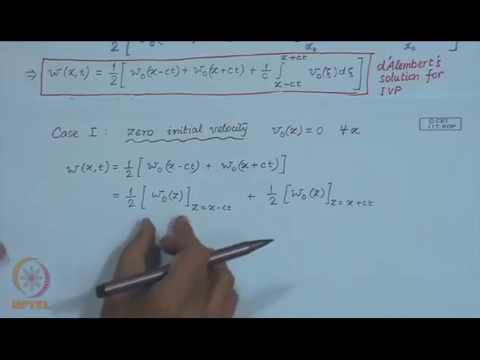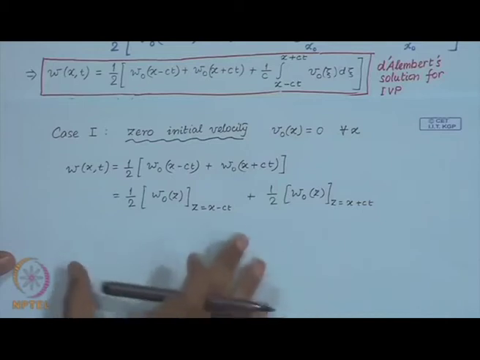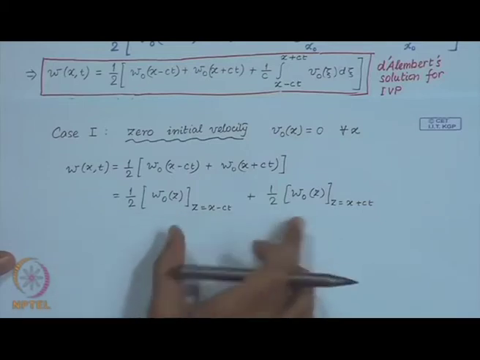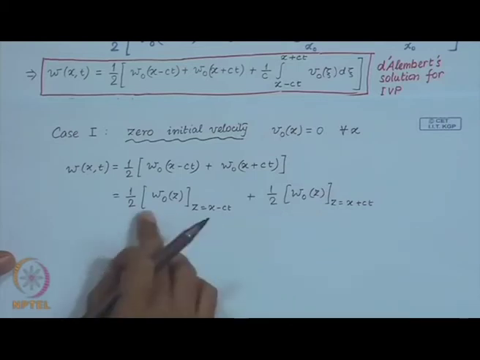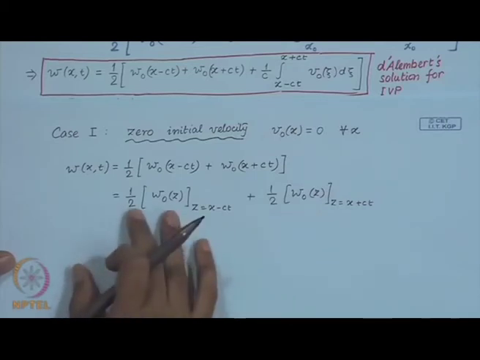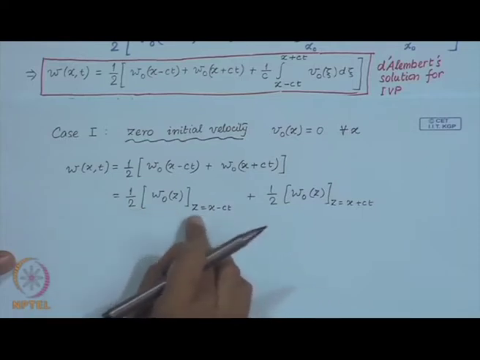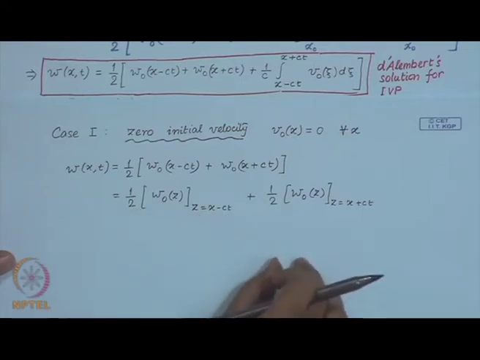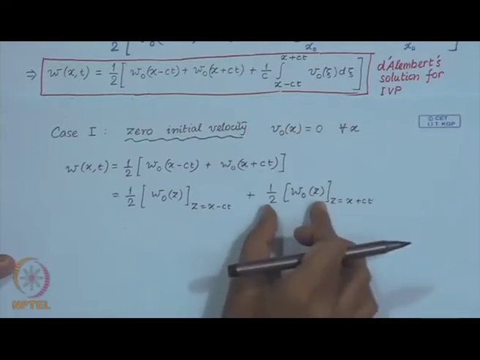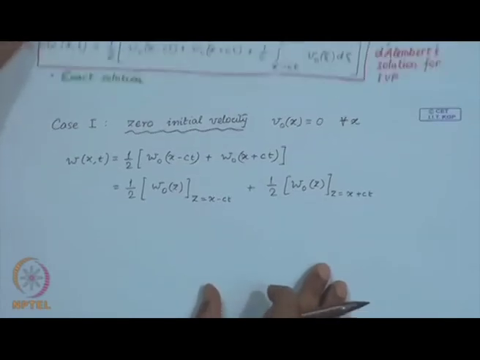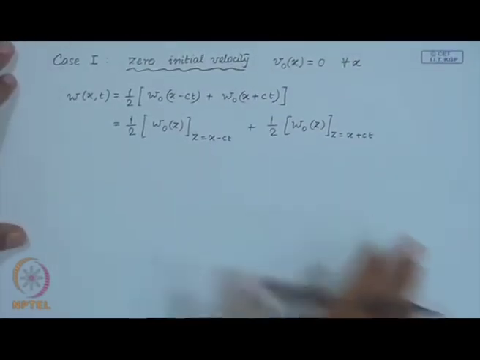So, whatever is the initial configuration or shape of the system, we half it. One half will travel in the positive direction, the other half will travel in the negative direction. So, let us see this.